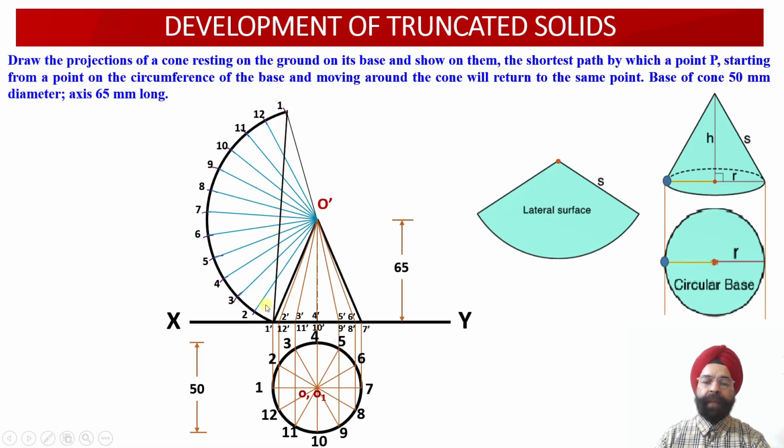Even if the point P follows any other path, the distances covered in the different paths will be greater than the shortest distance, which is the straight line distance between these 2 points, 1 at the start of the development and 1 at the end of the development over here.